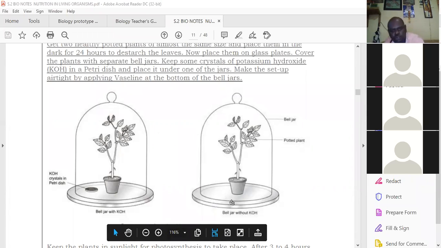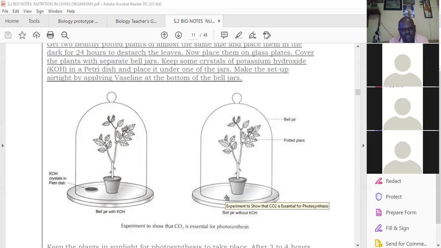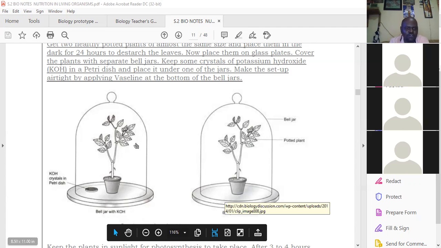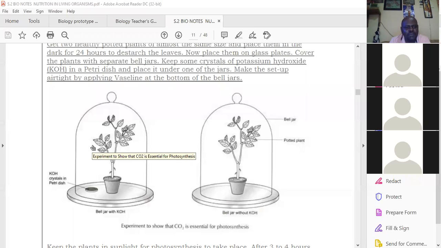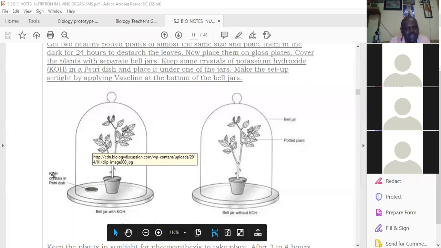That's why you have the other one without potassium hydroxide. So that means carbon dioxide is going to be present in this experiment, right? And here, in this particular one, there is not going to be carbon dioxide because there's potassium hydroxide.